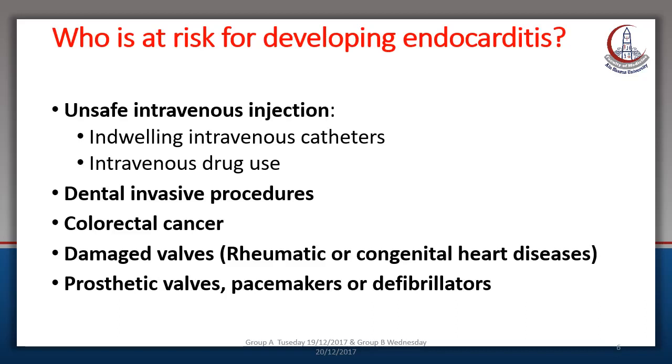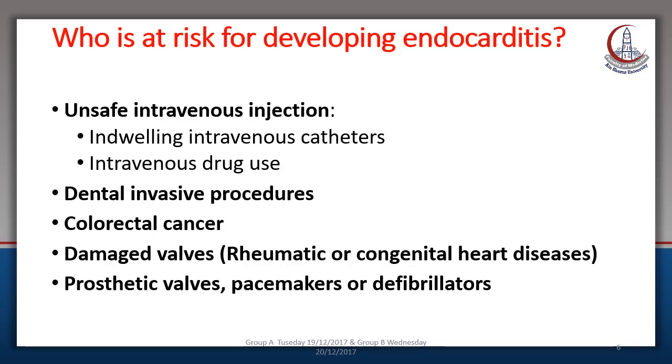Endocarditis usually develops in one of the following conditions. First, unsafe intravenous injection, which is an indwelling intravenous catheter or intravenous drug use. Also, it can occur after any dental invasive procedure, which is a common procedure commonly associated with endocarditis, and with colorectal cancer.